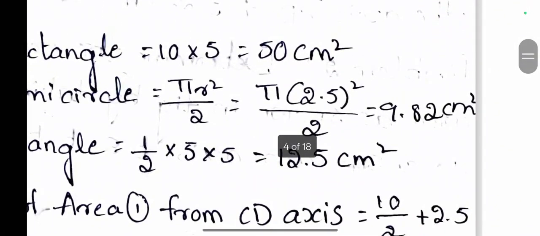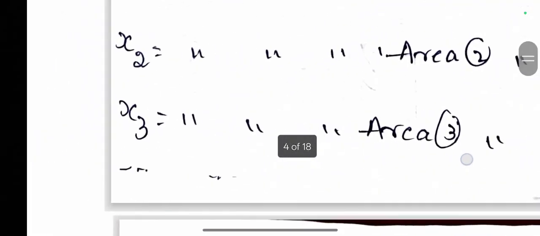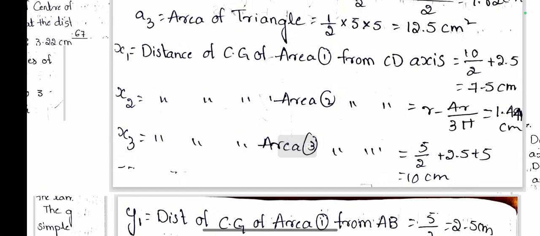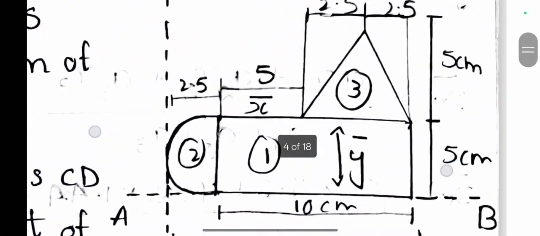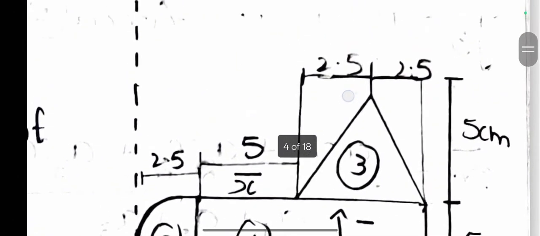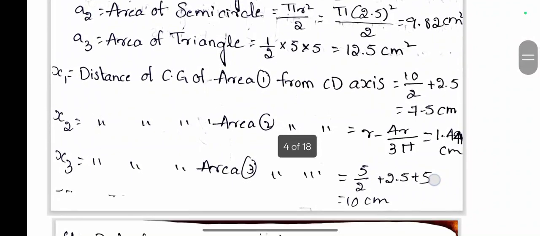R is 2.5 centimeters, so 2.5 minus 4 into 2.5 divided by 3 pi comes to 1.44 centimeters. Next is X3. X3 is the distance of the CG of area 3 from reference axis CD: 2.5, another 5, and again 2.5, which overall comes to 10 centimeters.